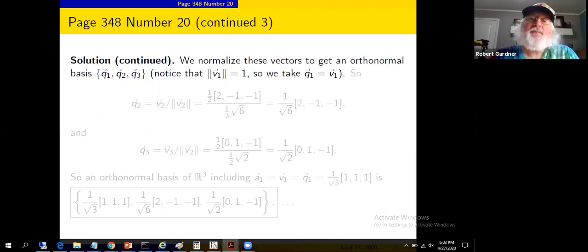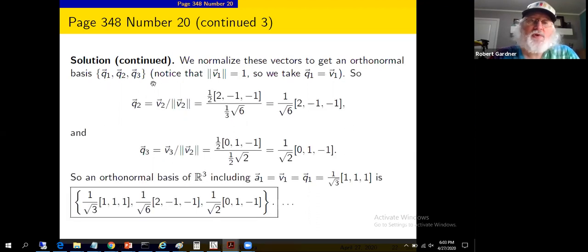We want to go one step further. We want an orthonormal basis. So we'll normalize those vectors and call the result Q1, Q2, Q3. Vector V1 was already a unit vector, so normalizing it is dividing it by its magnitude, dividing it by 1, so nothing changes there. We'll keep that first vector as is. Here's the second vector.